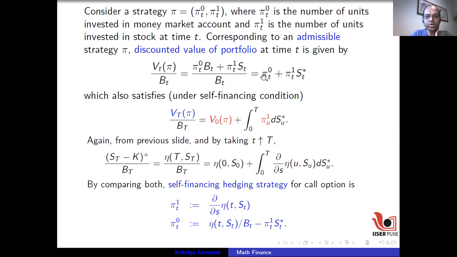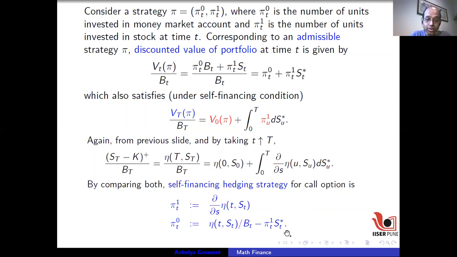That means pi zero is V star minus pi one star. So that is the thing we do. The pi zero at t is equal to V(T, S_T)/B_T minus pi one, because this is now my V_t, because everything would run this way. So we have solved the Black-Scholes PDE.